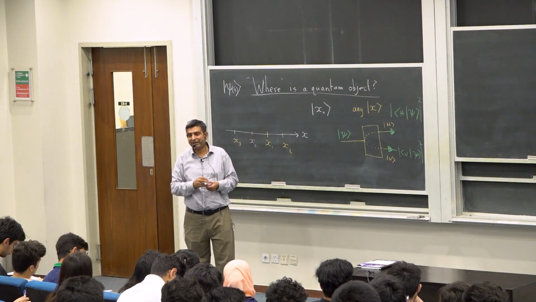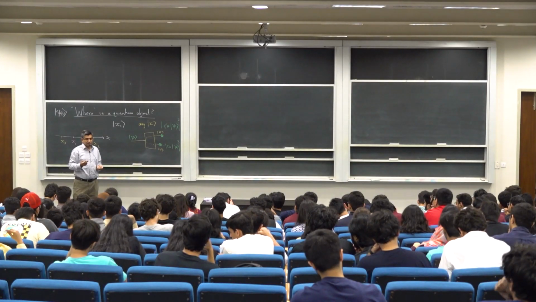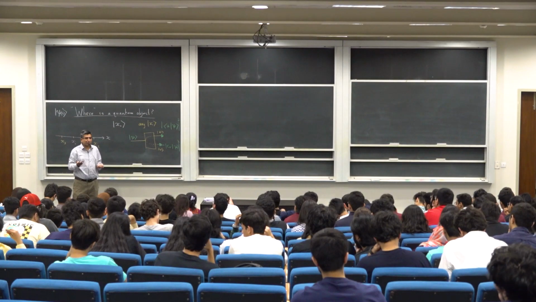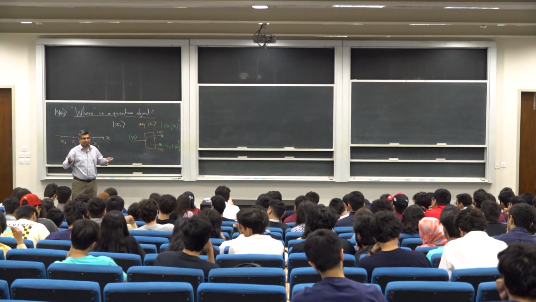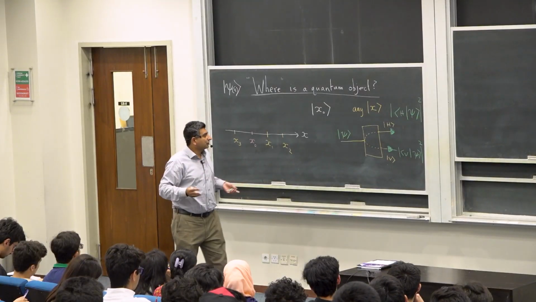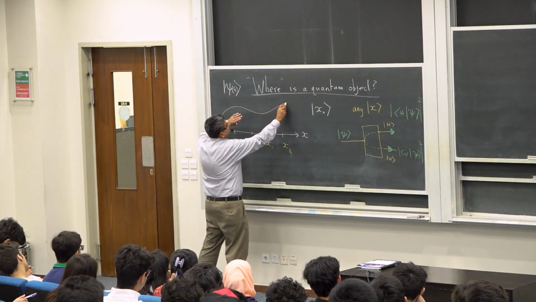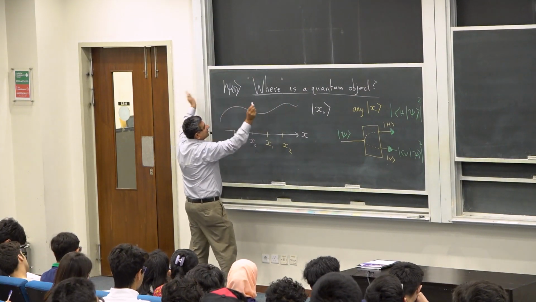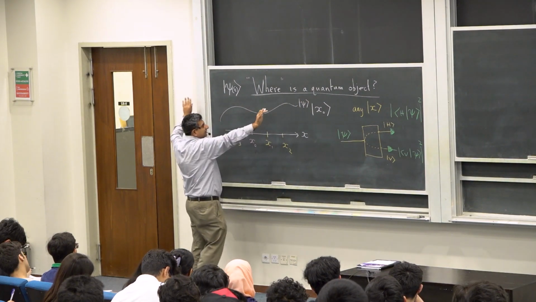If you agree with me, I can never draw a quantum state. It's impossible to draw a quantum state because quantum states don't live in our universe. They don't live in Euclidean space. So there has to be some psi. This is just a cartoonish representation. Some psi which exists in space.